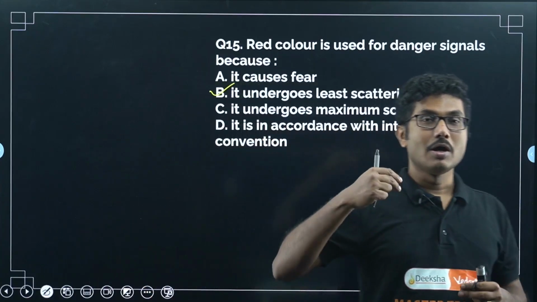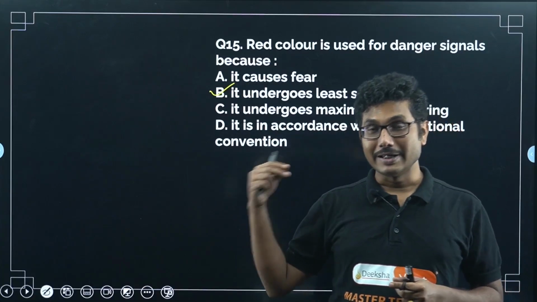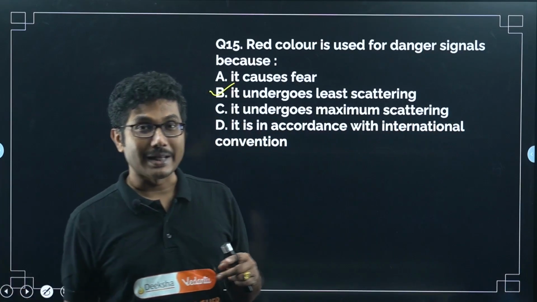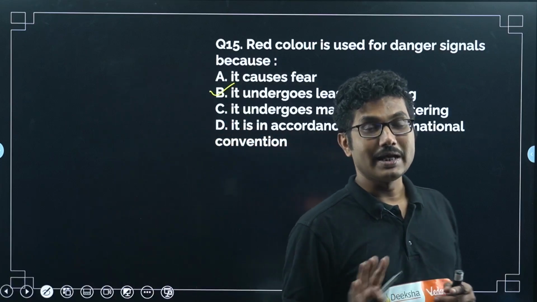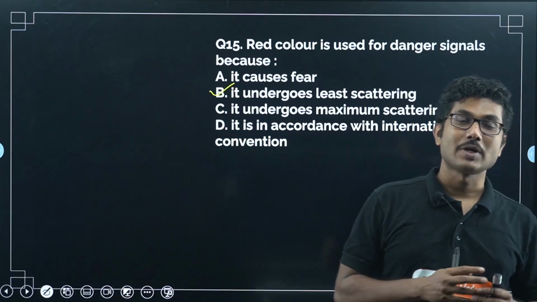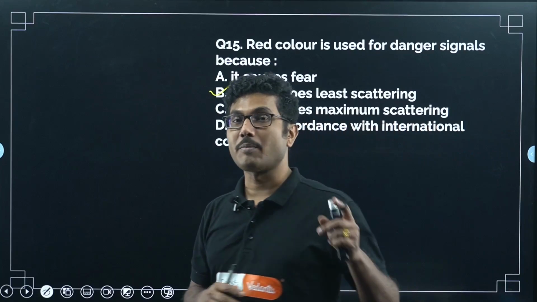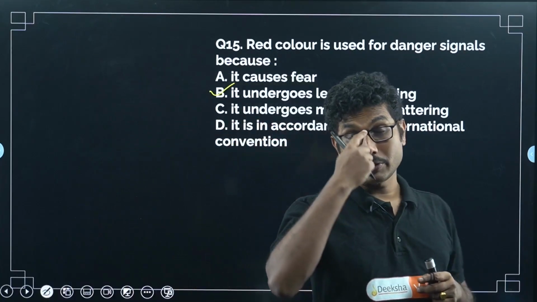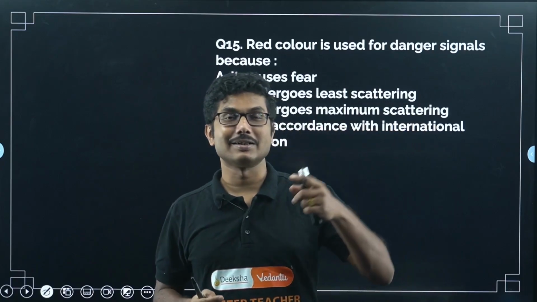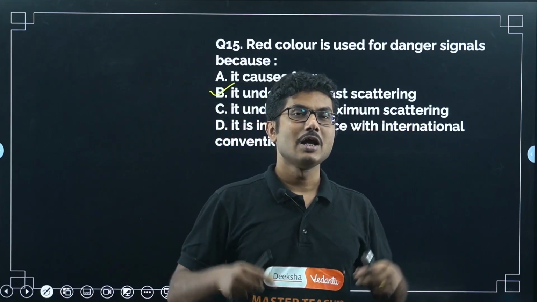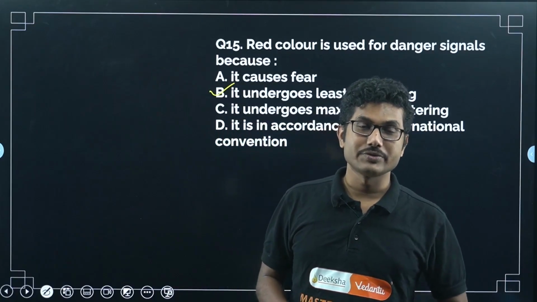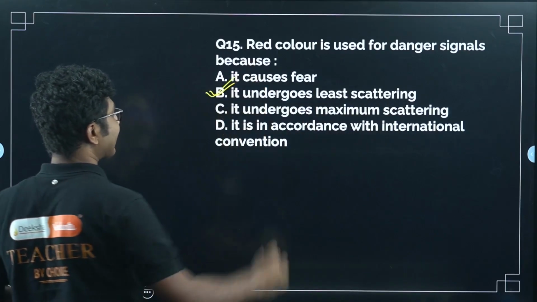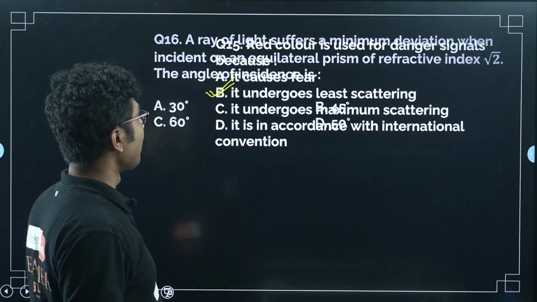It is there for vehicles as well as train signals, and even planes use a signal system. So the red signal is visible from a very long distance, and whenever there is a red signal, the driver gets cautious and can slow the train or vehicle so that there is no accident. It is because it scatters very little.